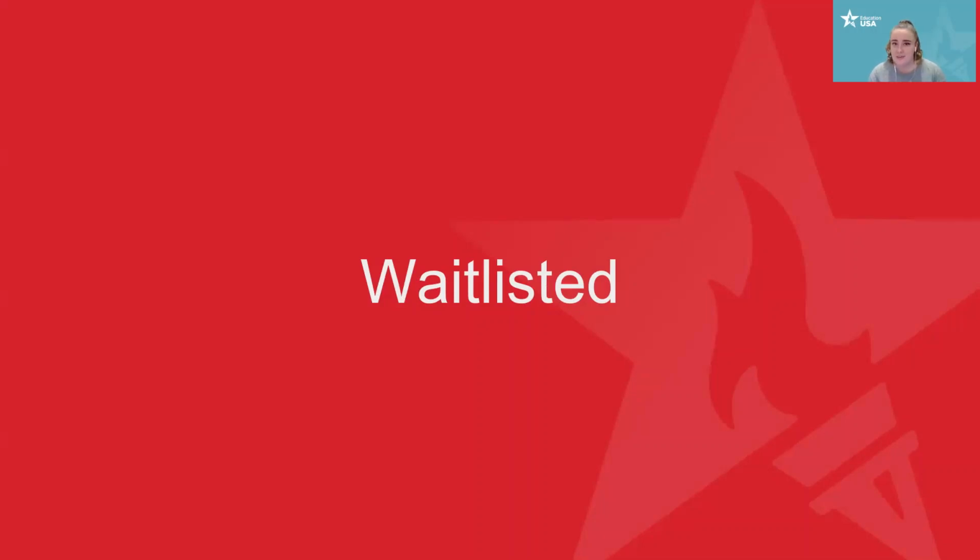There's still a chance that you might be offered admission, but this relies on students who've received an acceptance and enough of them to decline their offer to free up space in the incoming class. So if you would like to remain on the waitlist, you'll often need to accept your place on the waitlist with the university, and in their offer to be on the waitlist, they will usually provide detailed instructions of what you need to do to make that happen.